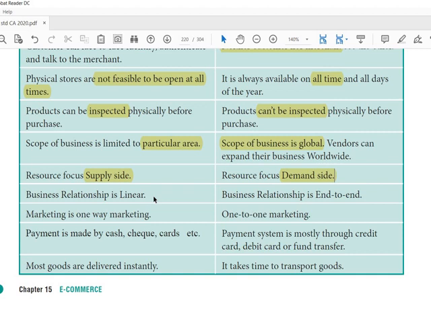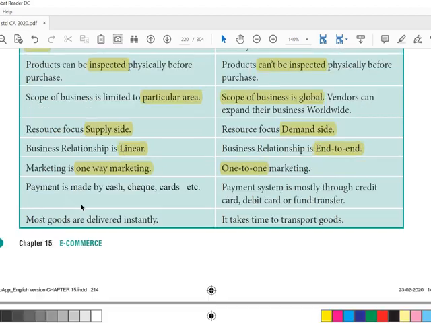Business relationship is linear in traditional commerce. Here it is end to end, merchant and customer, that means the person who is selling and the person buying. Marketing is one-way in traditional commerce. Here it is one-to-one marketing, where each customer is contacted individually.